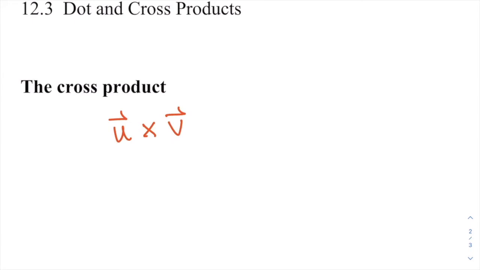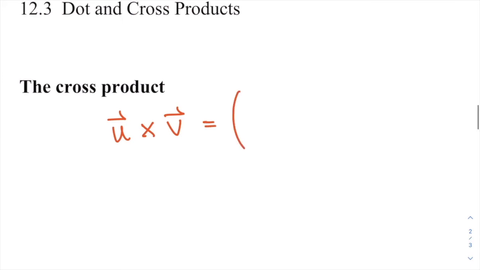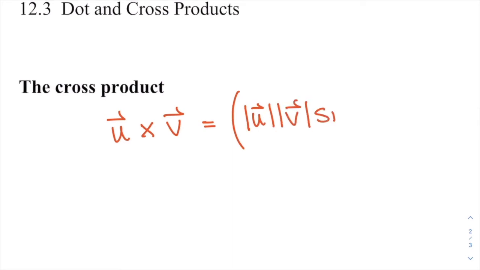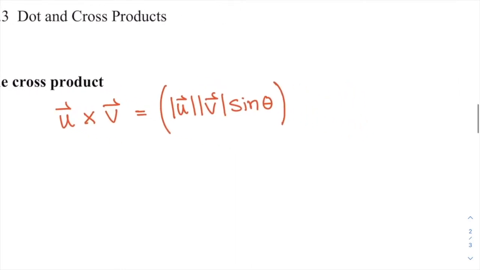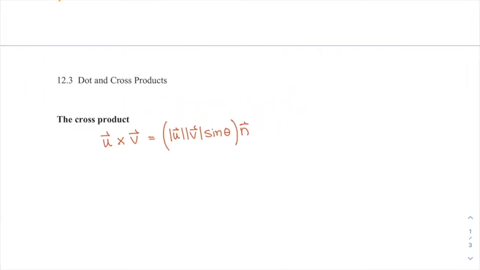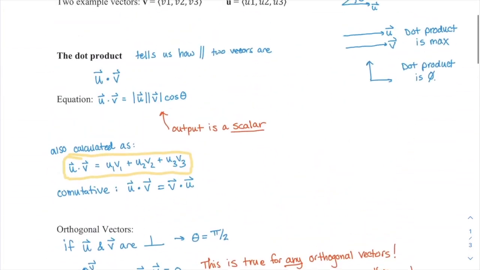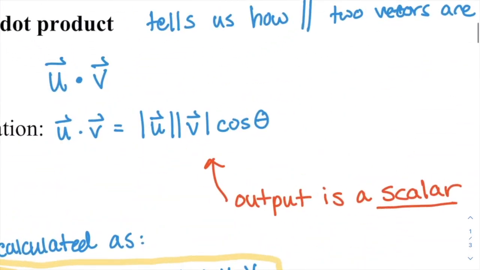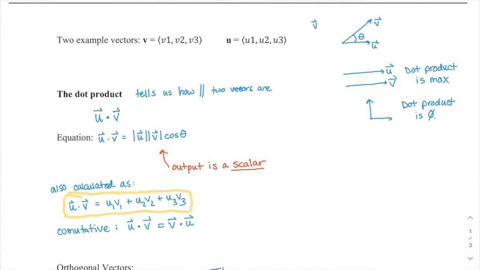What that is equal to is the magnitude of u times the magnitude of v times the sine of the angle between them, times the normal vector. Let's break down that equation. You might immediately recognize that it looks very similar to the dot product equation, which was magnitude of u times magnitude of v times the cosine of the angle, where this one is times the sine of the angle.